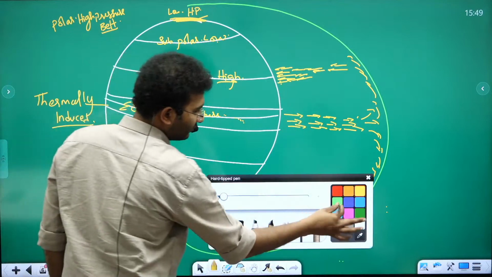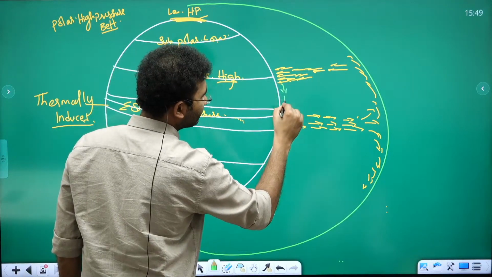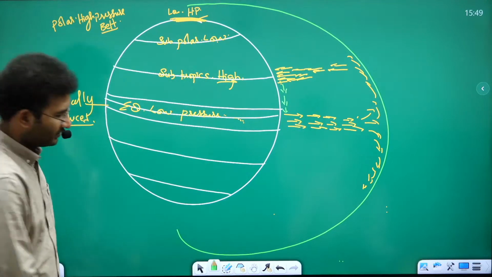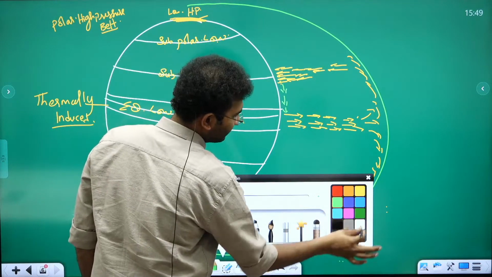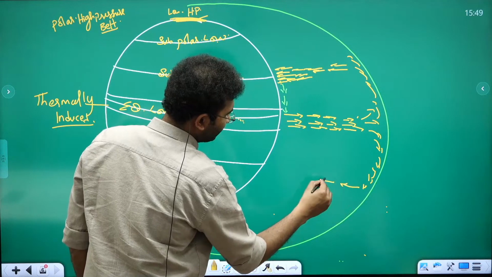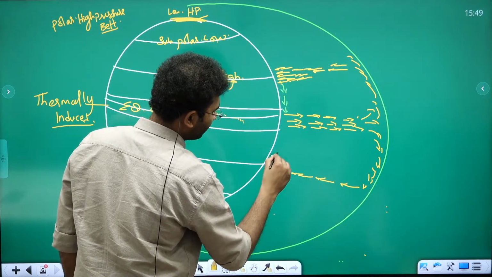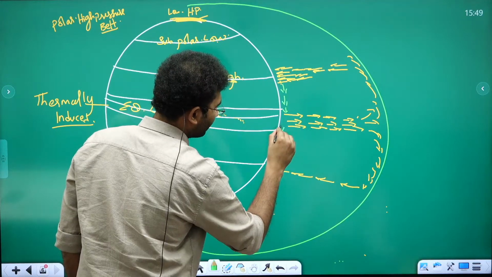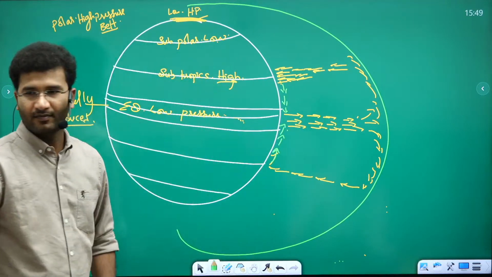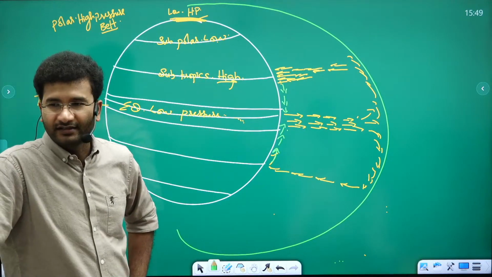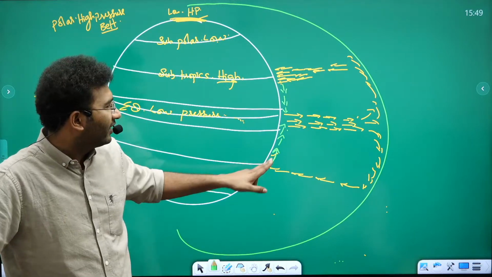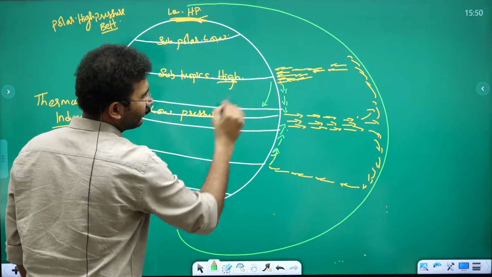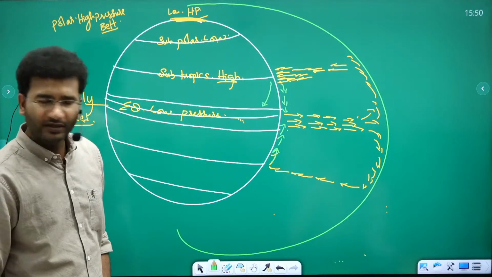Now the air which is moving at the surface is like this. Same is the case in the southern hemisphere too. Like this, there are cells. Now the air is moving here, on the entire earth.